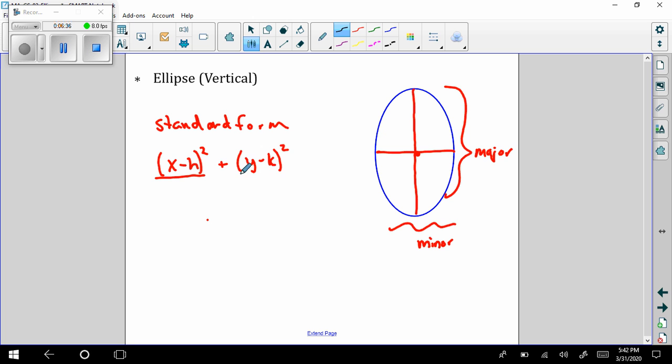But since this is vertical, your a squared is under the y, and your b squared is under the x. Since your major axis is vertical, your largest denominator has to be underneath that term. Okay, so I still have my center at (h, k).